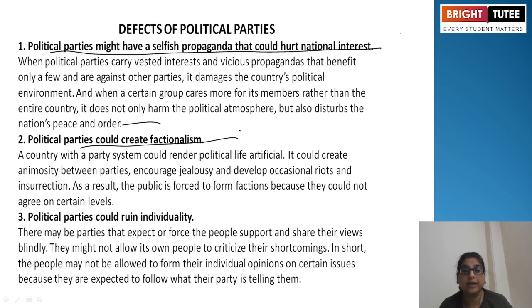Political parties could create factionalism. A party system could render political life artificial, and it could create animosity between parties, encourage jealousy, and develop occasional riots and insurrection.